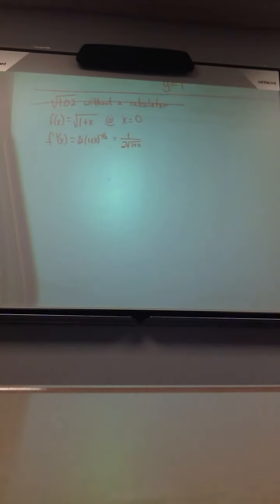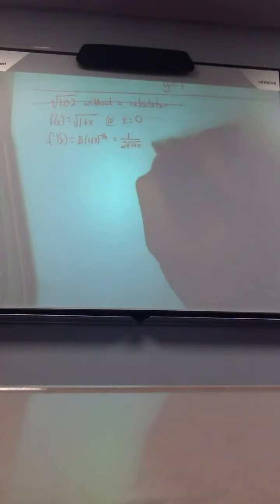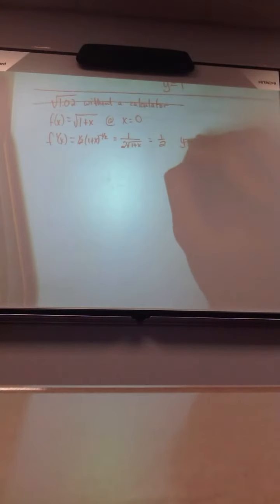Alright, we're just finding the equation of the tangent line. If I plug in 0, my slope is square root of 1 times 2, it's a half. So I have y equals 1/2 x plus b. Or I guess we could do point slope form. What's my point?